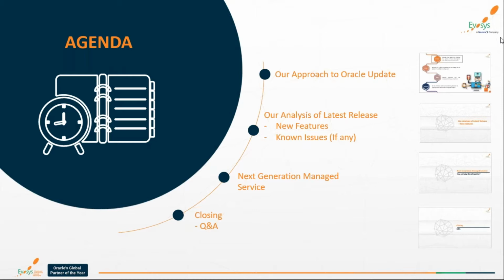So Oracle will typically publish if there are known issues when they release an update. And so we inform you about any of those that have been published by Oracle at this time. We're then going to talk a little bit about our managed services practice and help you understand why we think it's of value and perhaps a better offering than some of the other partners that are out there. And finally, we're going to open it up for questions.